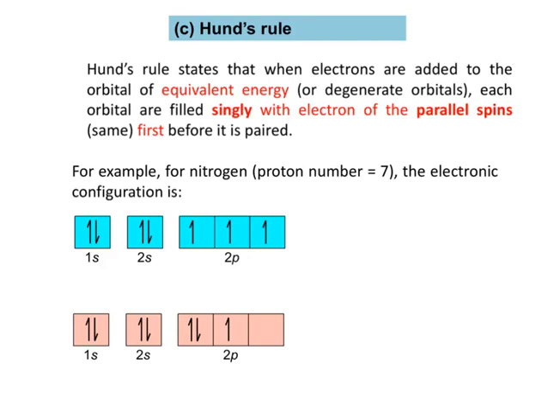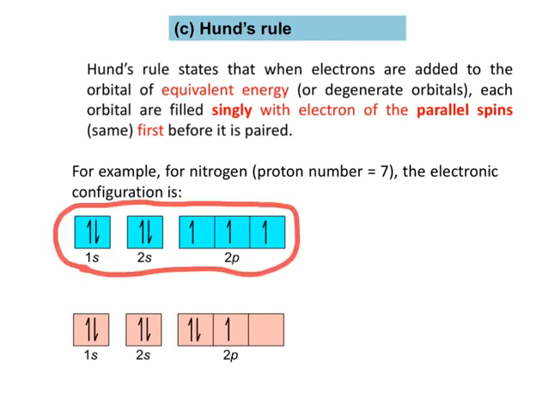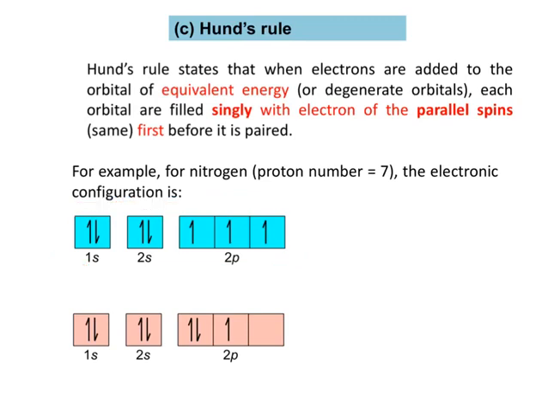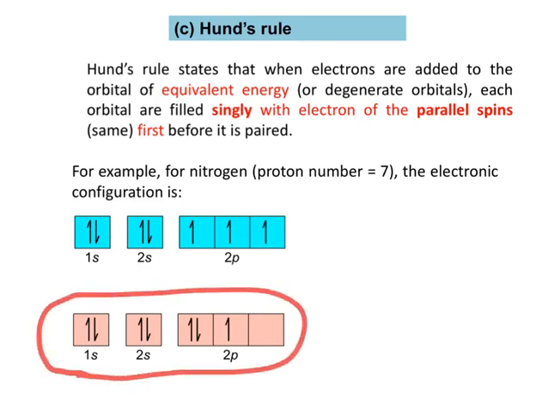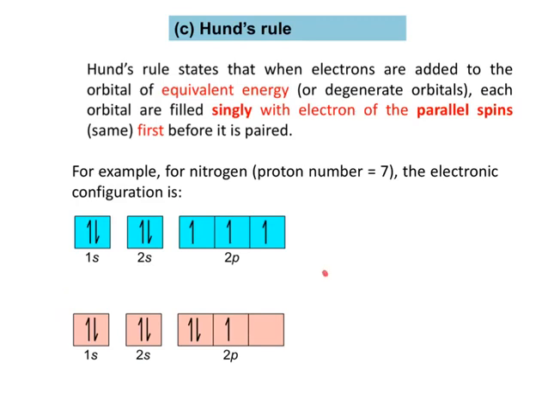Consider these two electronic configurations. The above configuration obeys Hund's rule because all 3 degenerate 2p orbitals are filled singly with parallel spin electrons. But the below configuration does not obey Hund's rule because there is an empty orbital. At the same time, 2 electrons occupy the same orbital.